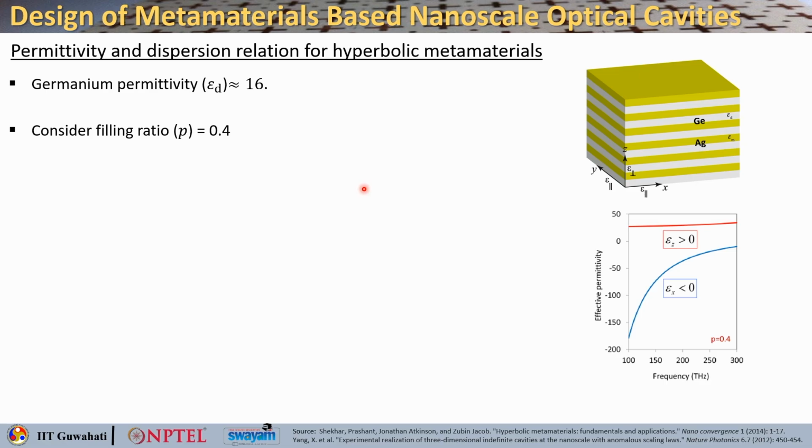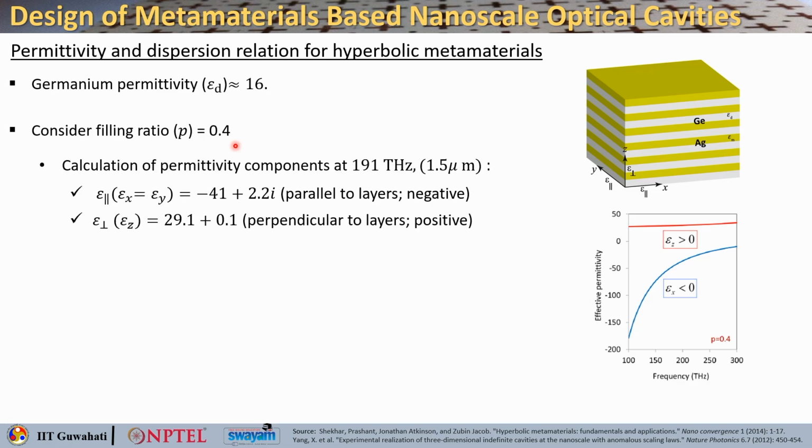Okay. So, for that you also need to know what is the permittivity of germanium, that is your dielectric permittivity, taken as 16. So, let us take an example where the filling fraction is 0.4. Okay, that is the metal filling fraction is 0.4. So, if you calculate the permittivity components at a given frequency, say 191 terahertz, which corresponds to 1.5 micrometer vacuum wavelength, you will see that epsilon parallel, which is epsilon x or epsilon y, comes out to be minus 41 plus 2.2 i.